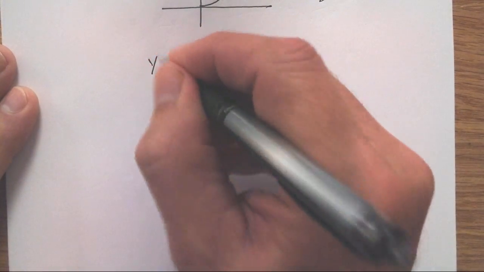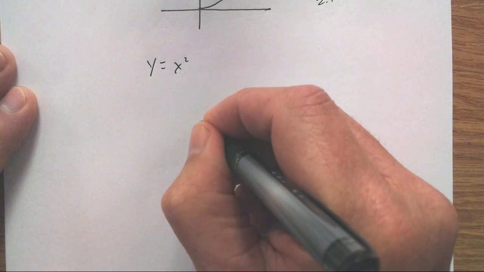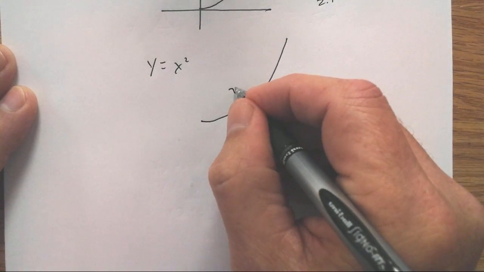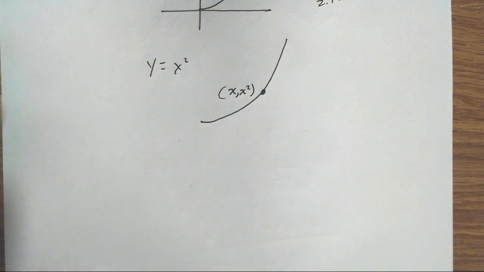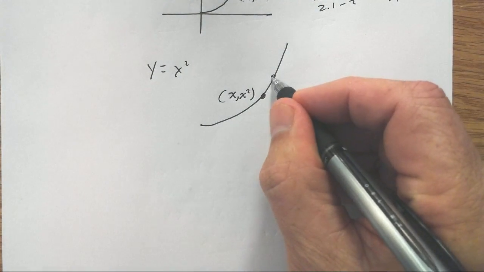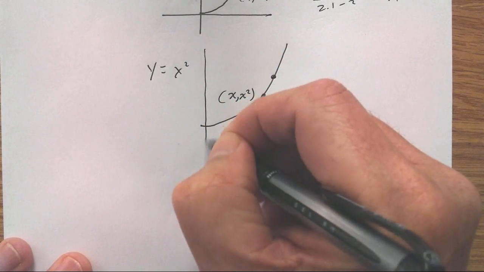Okay. Let's keep considering y equals x squared. So on this curve, any point on there I could call x, x squared. That's how we get our ordered pairs. I'm going to choose a point close to it, and let's say we're just right here.